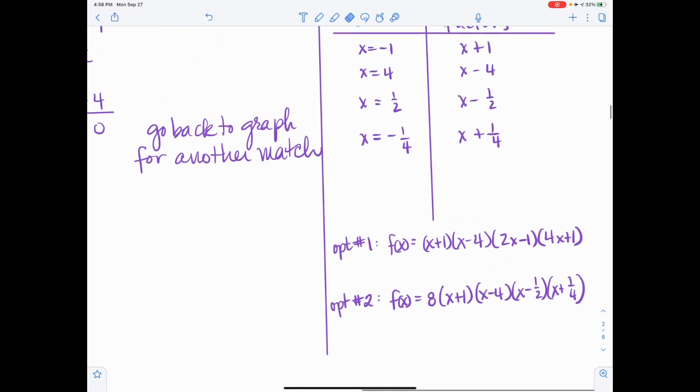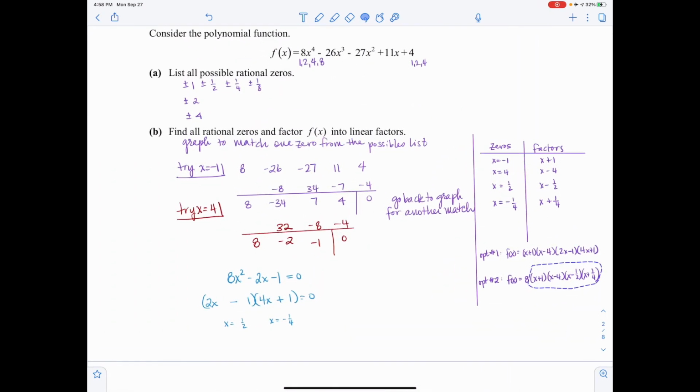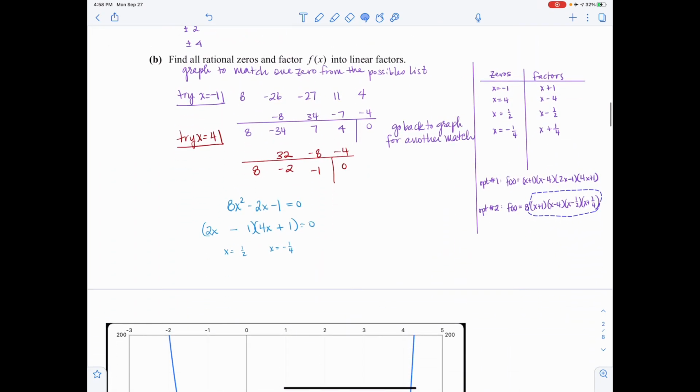And so you would take your 4 factors and you would multiply your 4 factors together, but unfortunately the leading coefficient is 1, and so you're just going to put an 8 out in front of that so that the leading coefficient matches the original polynomial. Either one of those is okay to do.